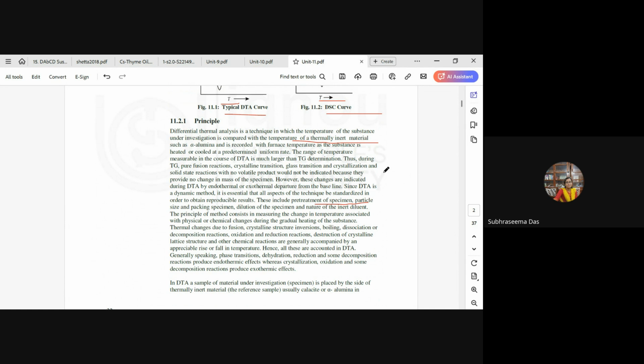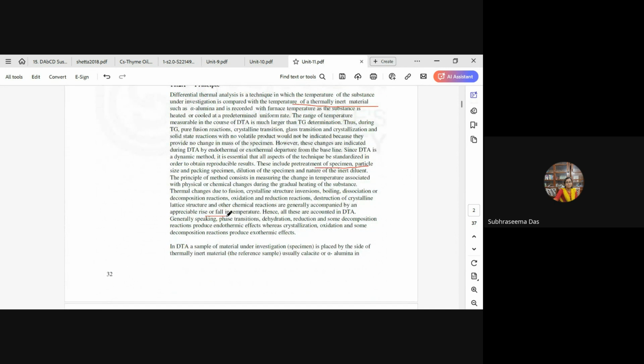So the principle of this method consists in measuring the change in temperature that is associated with the physical or chemical changes that occur within the sample during the course of the heating process. The thermal changes due to fusion, crystalline structure inversions, dissociation or decomposition reactions, and redox reactions are all accompanied by either a rise or fall in temperature.